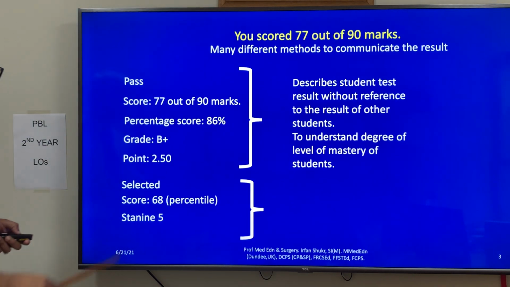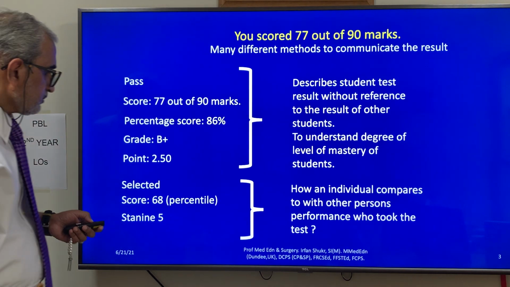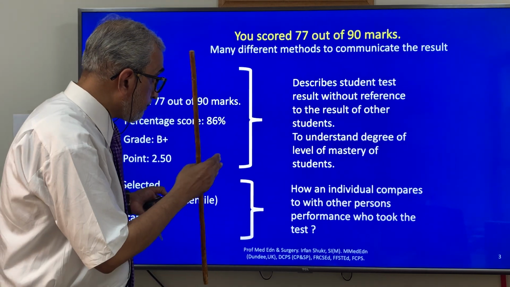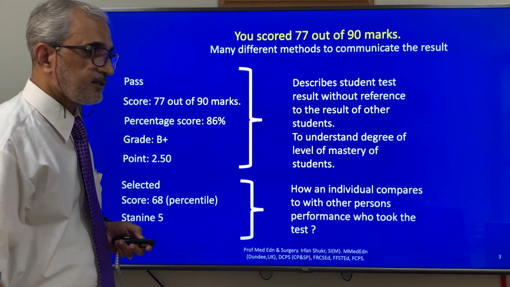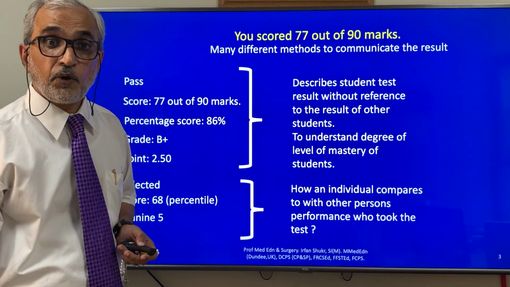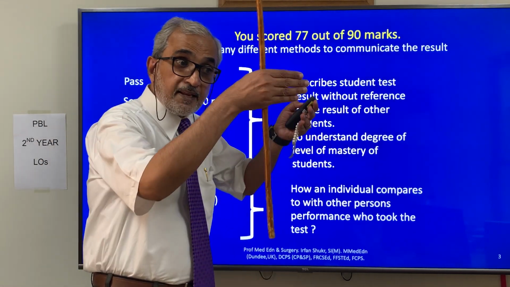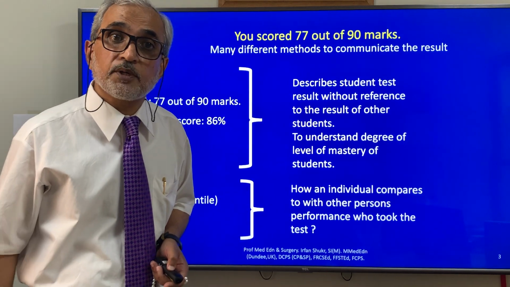And if you talk about selected, score 68 percentile, Stanine 5, etc., these show how an individual compares with the performance of other persons who took the test. Here it is very important not only what marks he has scored, but what marks have been scored by other students of the class.